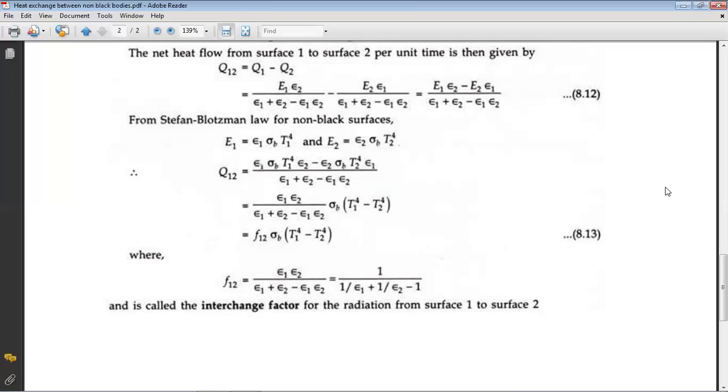It is denoted by the letter F. F1 on 2 indicates the amount of energy radiating from surface 1 and striking surface 2.